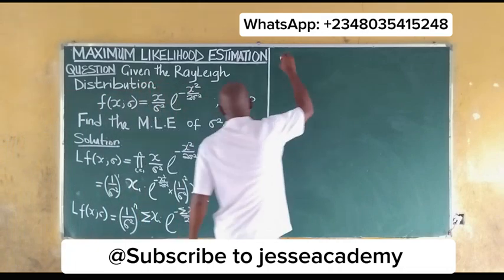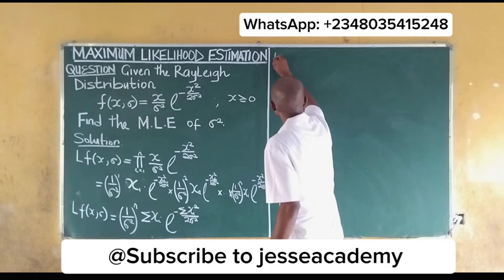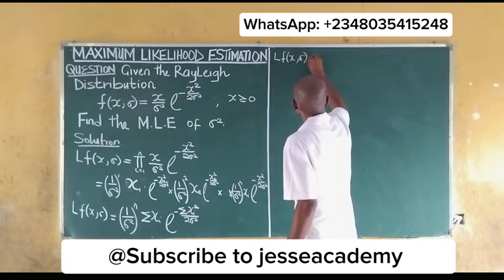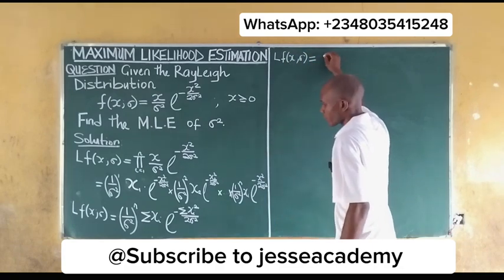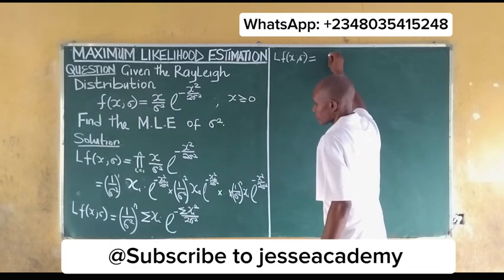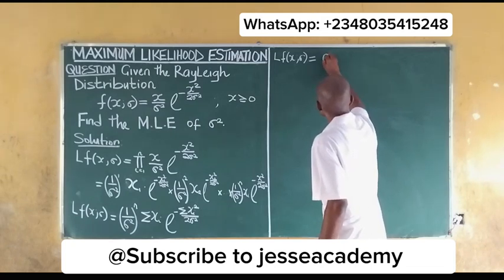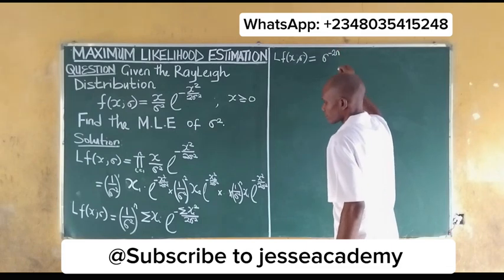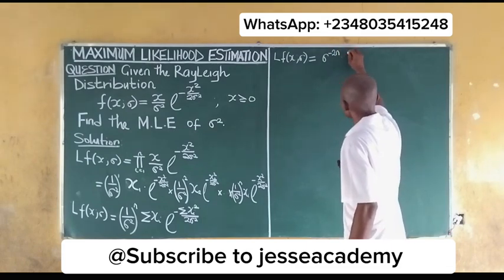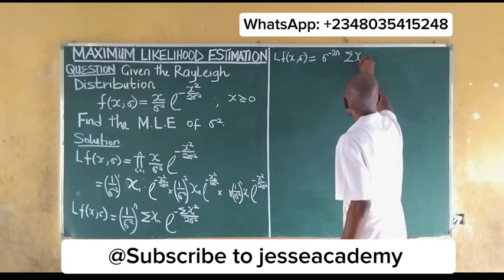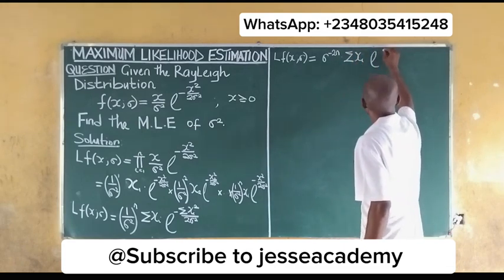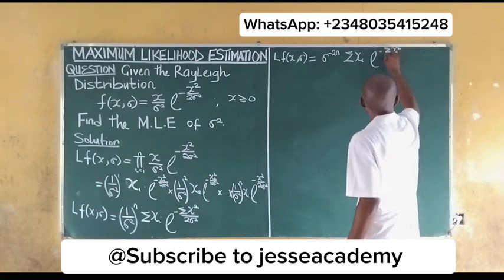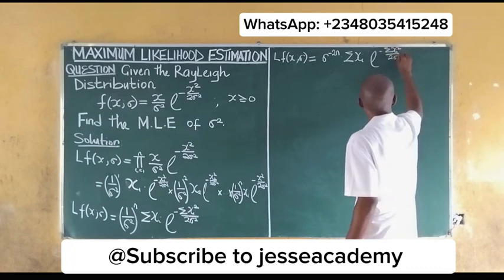So arranging this, we can write our likelihood function as sigma to the negative 2n multiplied by the product of xi, exponential negative summation of xi squared all over 2 sigma squared.